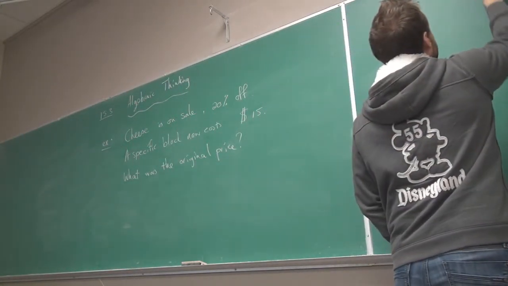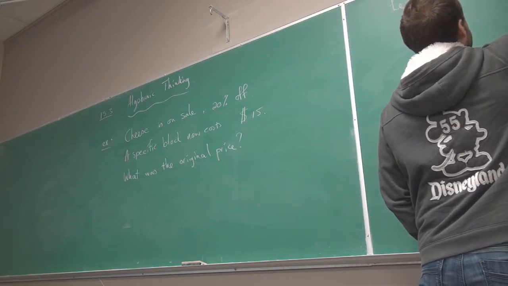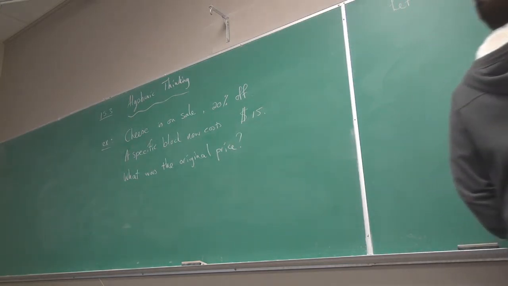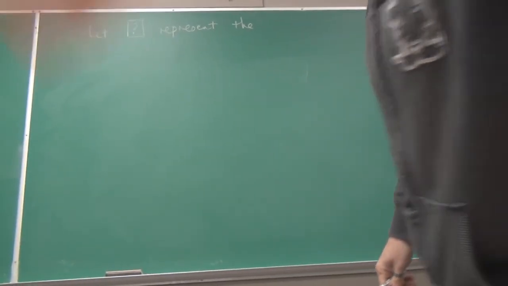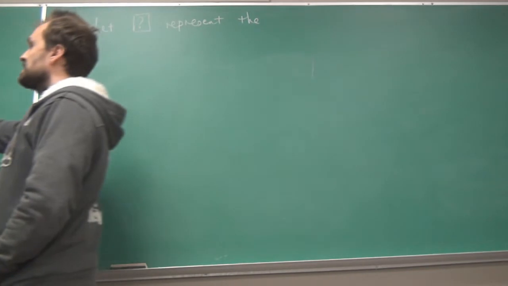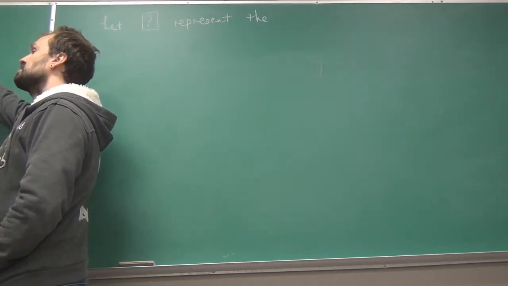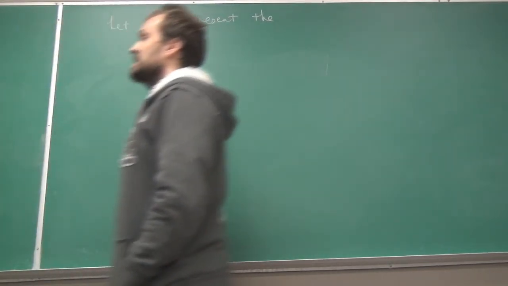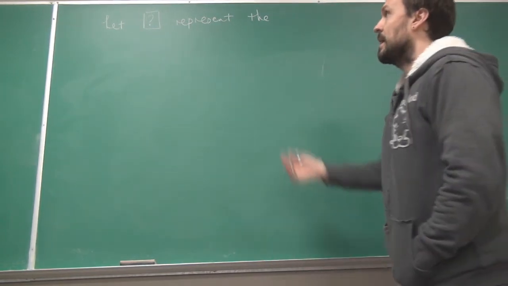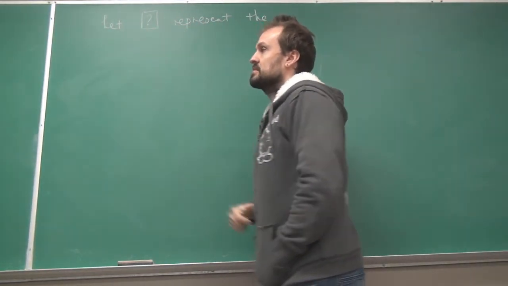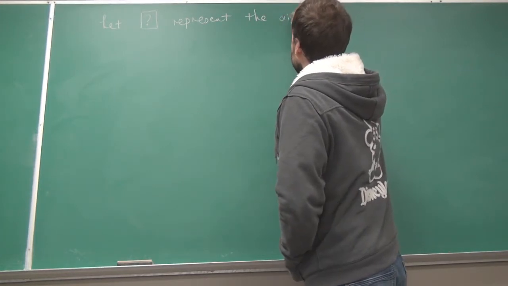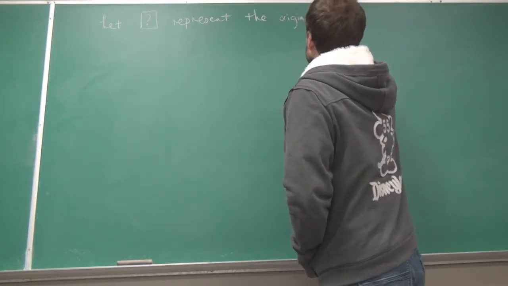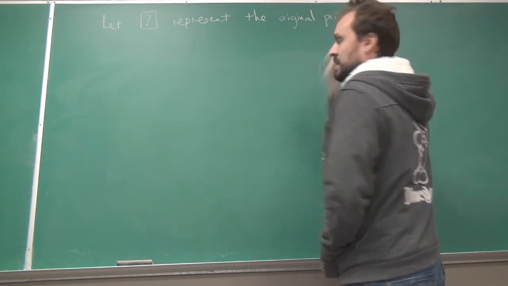Let that represent the thing I'm looking for, which is the original amount. So there's a question sentence that usually happens at the end, with information being provided in the beginning. Question sentence tells me what I'm looking for. I'm simply calling it something else. Let question mark in a box represent the original price of that specific cheese.